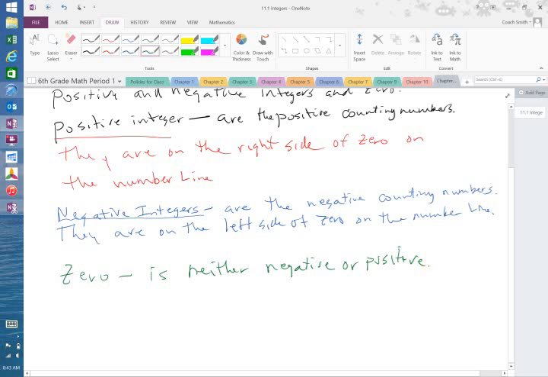Okay, 0 is neither negative or positive. It's just 0. Okay, it doesn't fall on the left side, doesn't fall on the right side. It's just 0. I'm just looking at the cute little number line there. All right. So, any questions on what an integer is then?